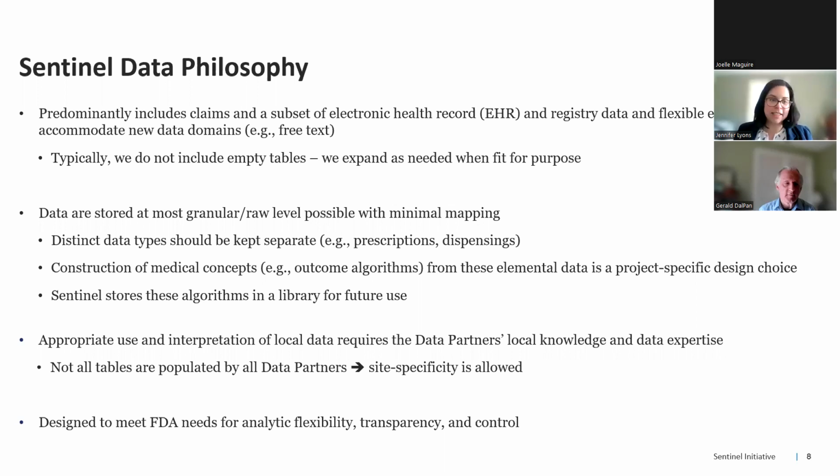So this means if you wanted to study a particular condition, you could develop an outcome algorithm based on the presence of the diagnosis procedure codes or dispensings and use the definition in your analysis. We don't have that outcome algorithm stored in our data, but we have the pieces that were used to create the algorithm. And we can also store the logic used to create those outcome definitions for use by future investigators.